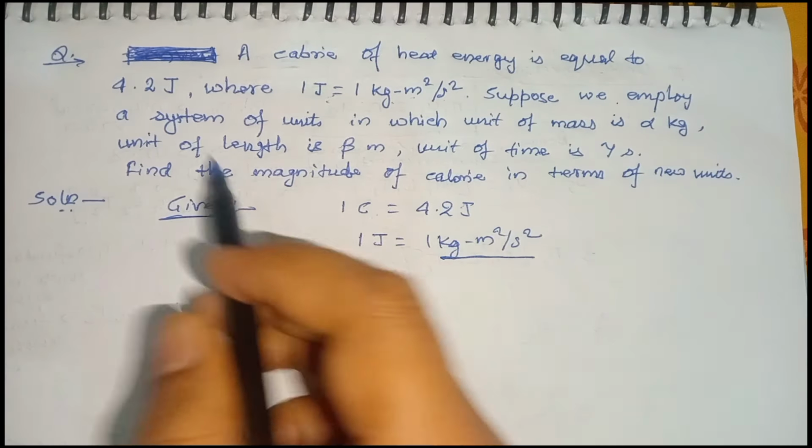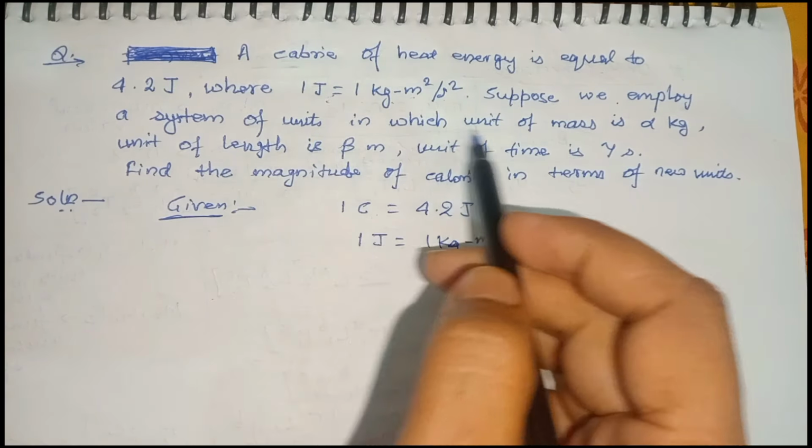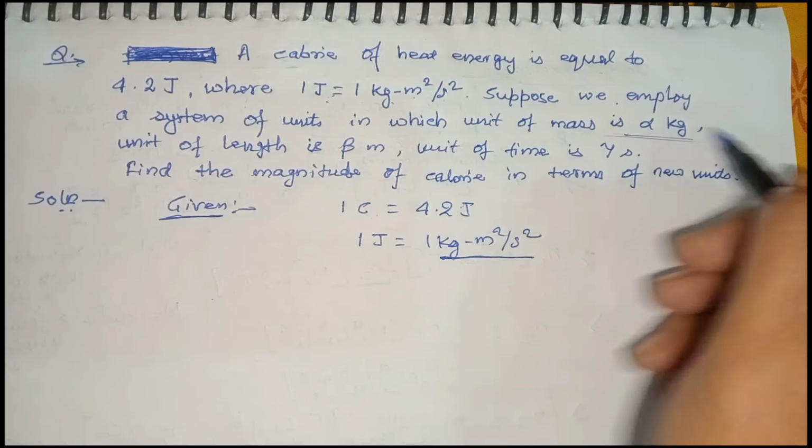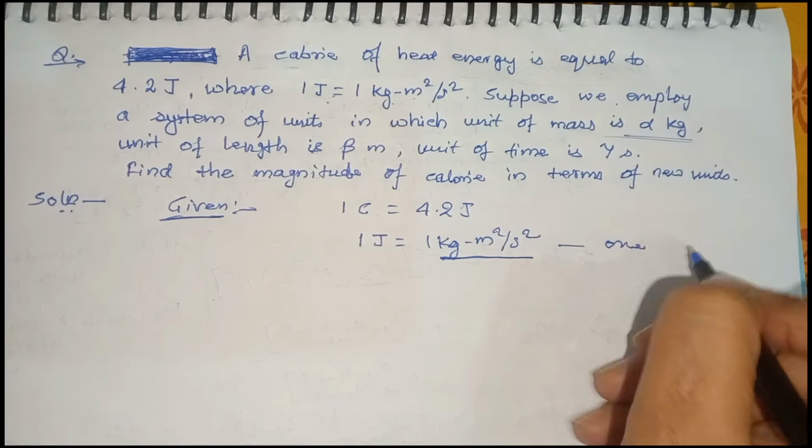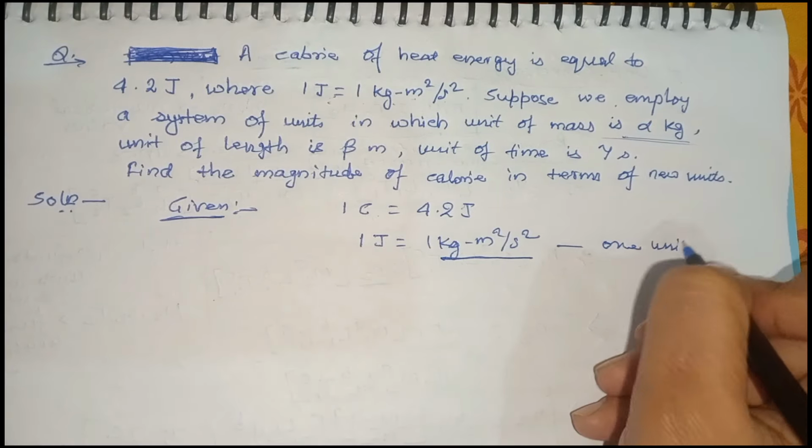Suppose we employ a system of units in which the unit of mass is alpha kg. This is one unit system.